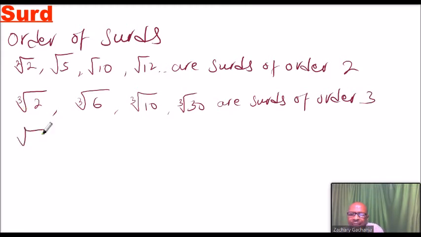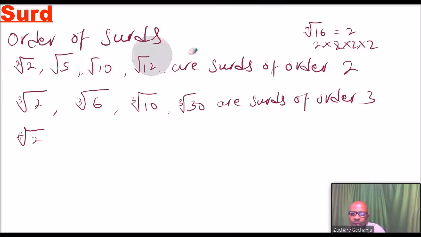We can say the fourth root of 2. The fourth root means a number which, when you multiply it by itself 4 times, you get that number. For example, the fourth root of 16 is equal to 2, because 2 times 2 times 2 times 2 gives 16.